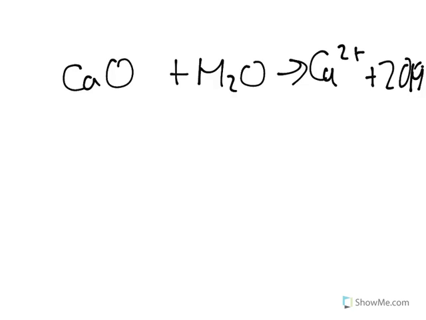The group 2 hydroxides are only slightly soluble in water. When the solution becomes saturated, any further metal and hydroxide ions will form a solid precipitate. So yeah.